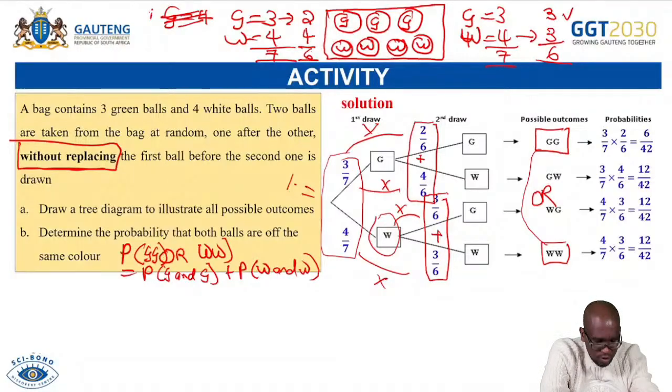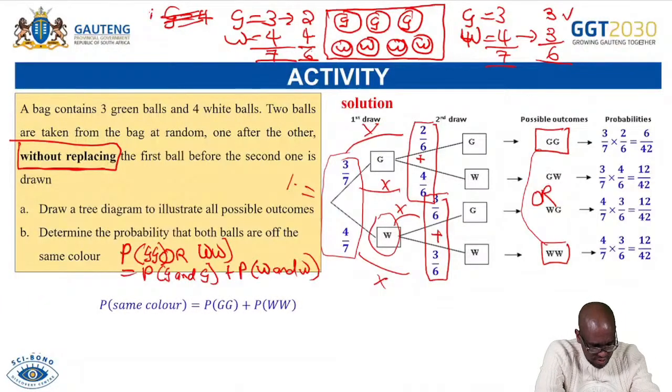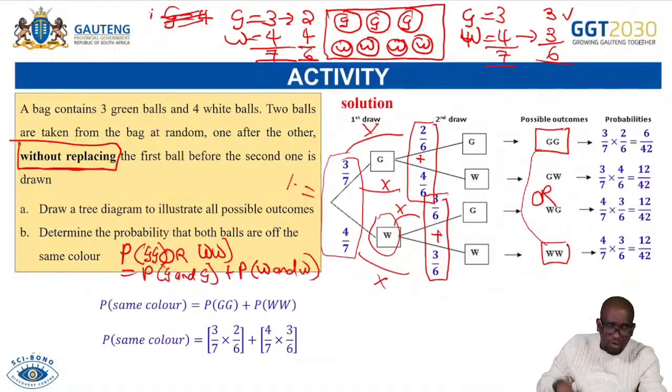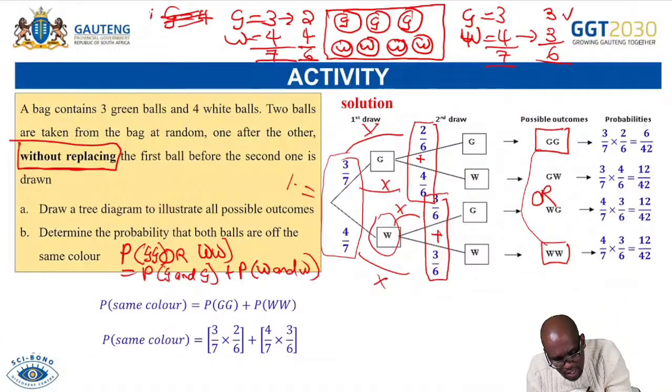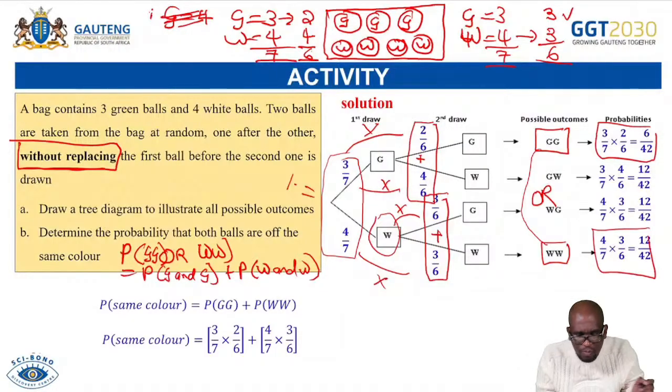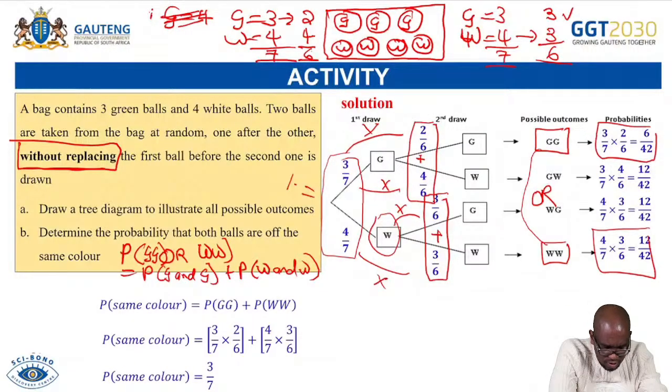Of the same color, it's either they are both green or they are both white. You can take the probabilities for both green and for both white, all right? And then you get the answer.